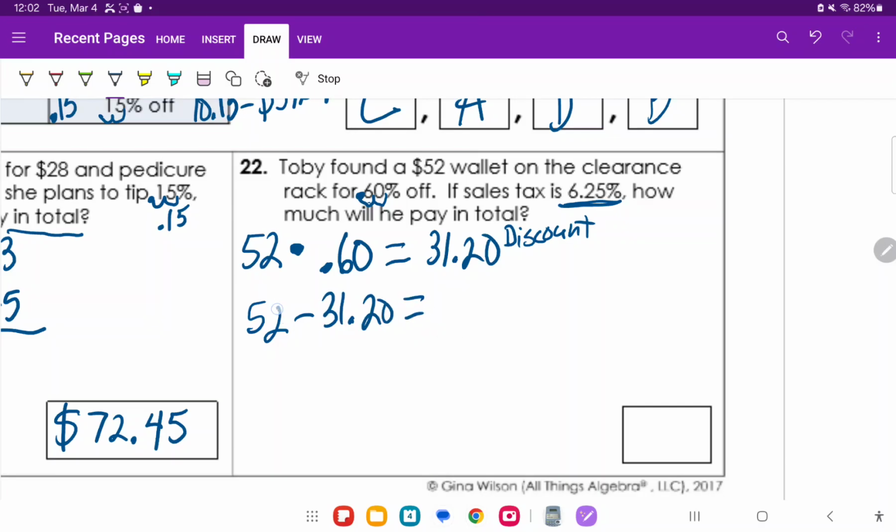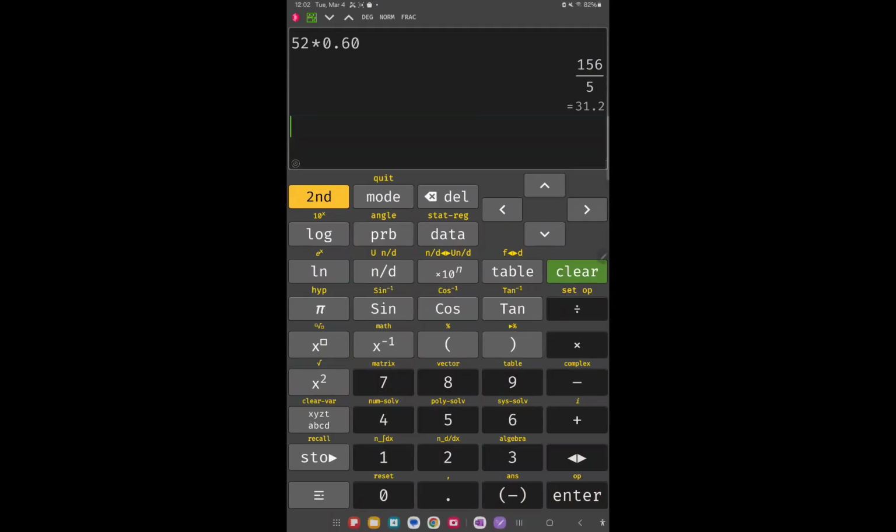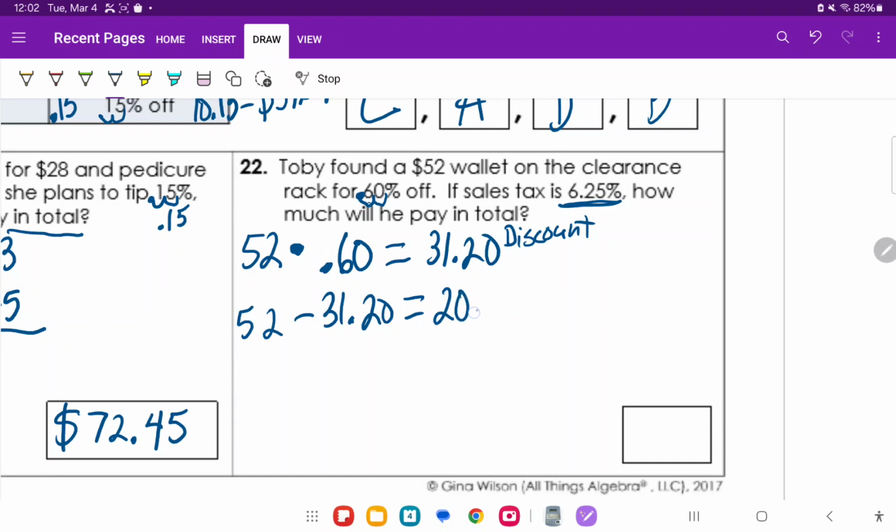That gives us $20.80. So that is the sale price.